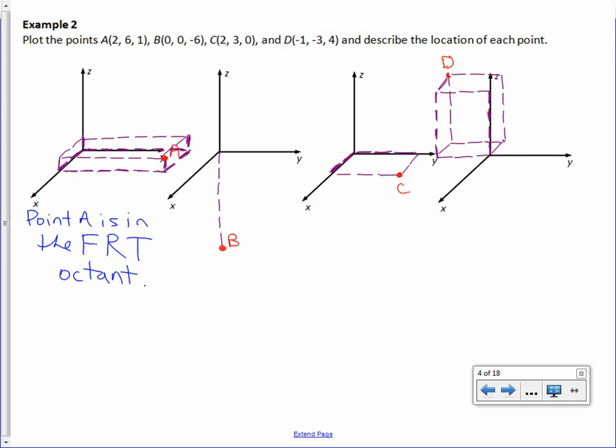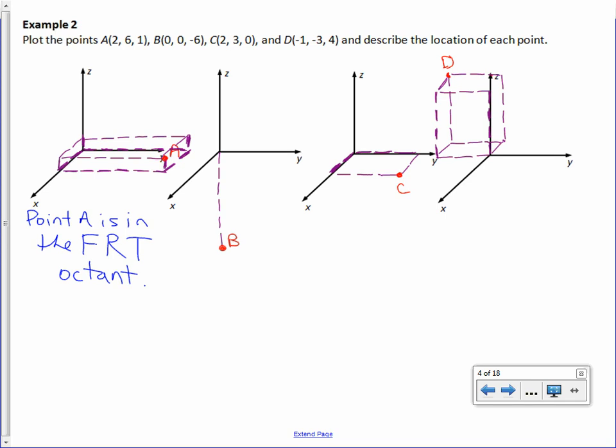Any thoughts on how you could describe point B? Yeah, go for it. Can you even be more specific? Not just even the plane. What do we call these lines again, guys? They're axes.